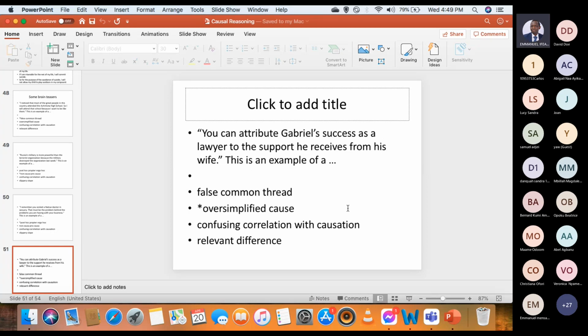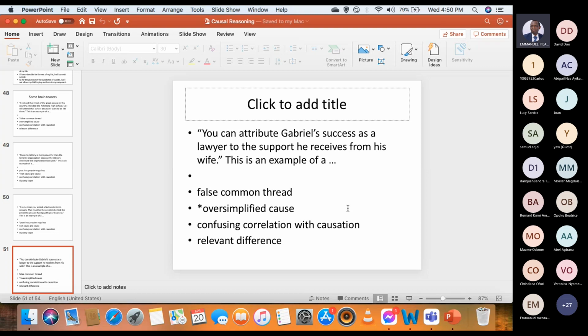You can attribute Gabriel's success as a lawyer to the support he receives from his wife. This is an example of false common thread, oversimplified cause, confusing correlation with causation, relevant difference. So that would be an oversimplified cause. Of course, the support of Gabriel's wife played a role in his success as a lawyer.